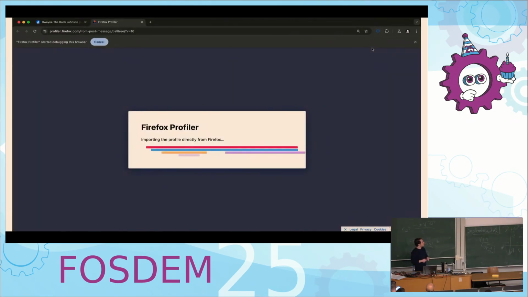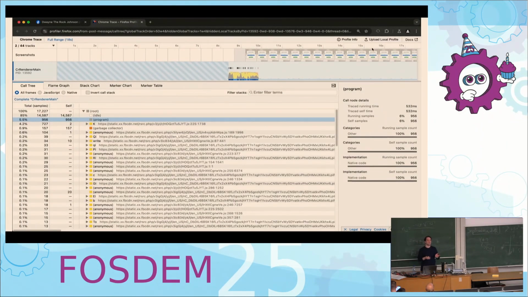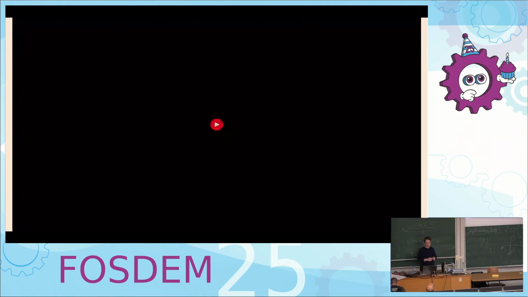And once I do that, it will show you the same view, but this time with the data that comes directly from Chrome's internal profiler instead of Firefox's. So now from this point, you can do the same thing, like you can analyze the profile or you can share it with your colleague.